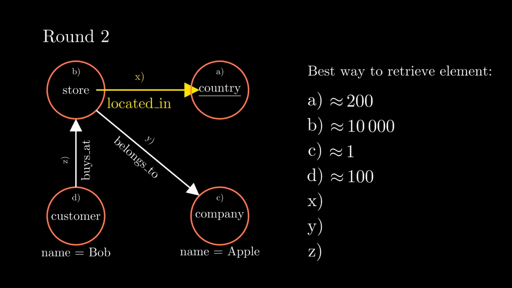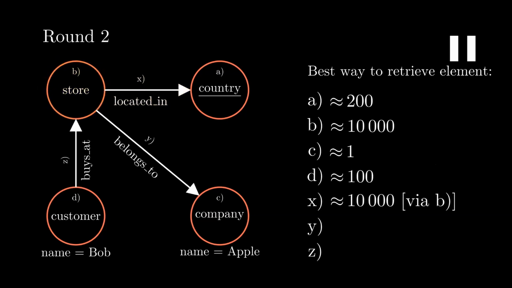That's obviously 1 because each store is located in exactly 1 country. Or we can do it the other way around. Look at how many countries we have. That's 200. And look at how many stores we have in each country. I'm now going with 10,000. That is 1 located in edge per store because we have 10,000 stores.